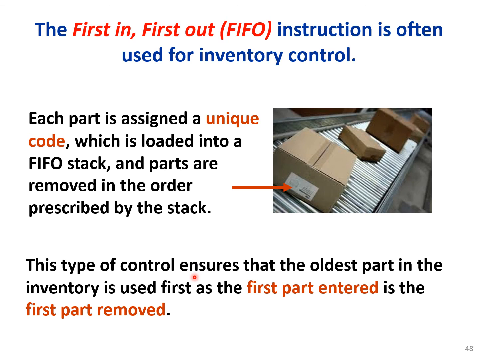This type of control ensures that the oldest part in the inventory is used first, as the first part entered is the first part moved. Exactly as we could see in the conveyor belt, the first one comes and this one must be removed first. Okay, we cannot remove the middle one, so it goes to the end and then will be removed. So very similar to the shift register.